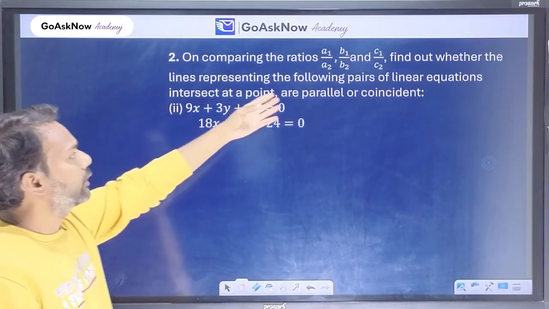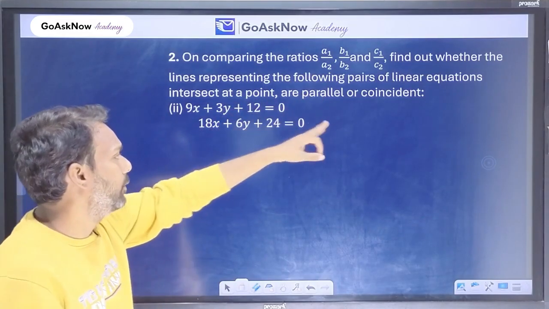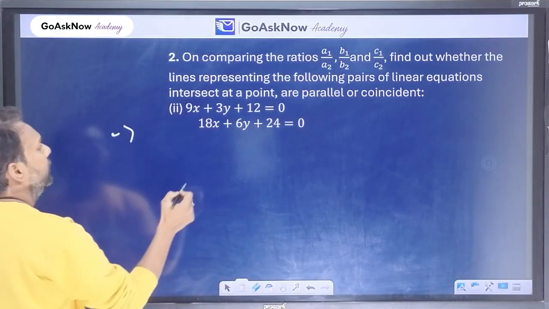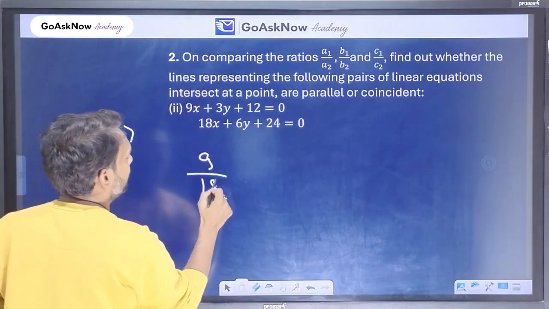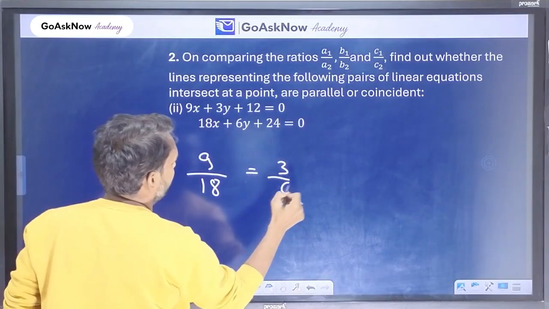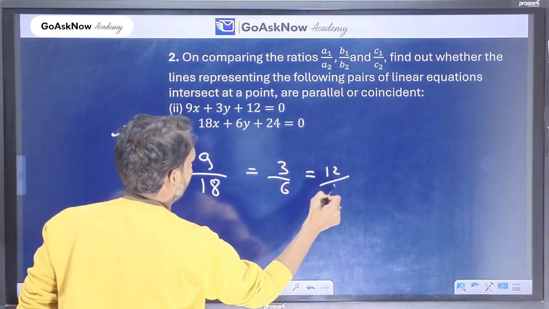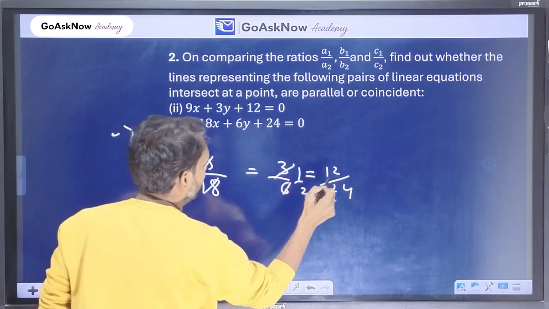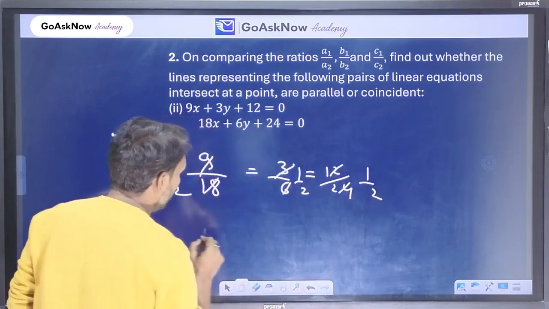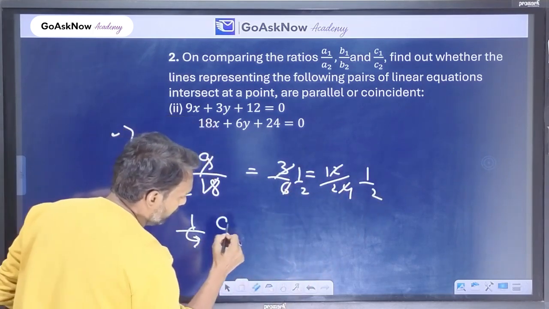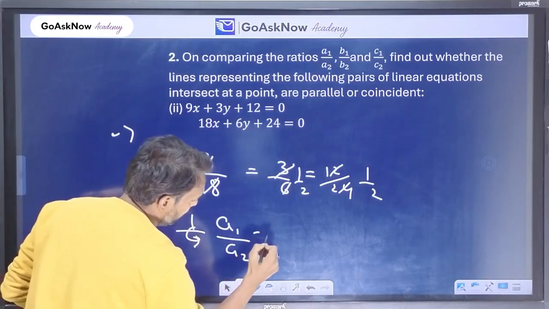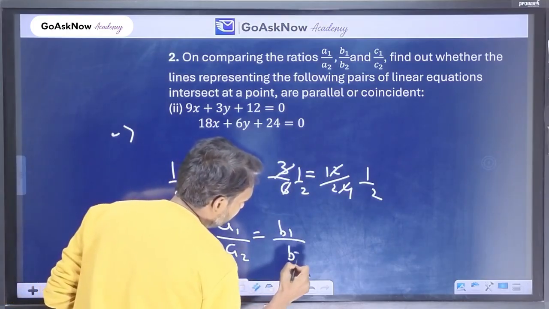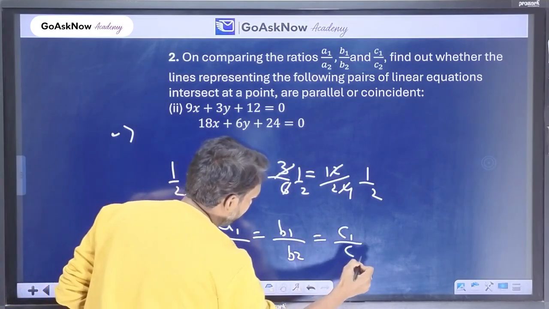On comparing the ratios a1 upon a2, b1 upon b2, c1 upon c2, we have to do the same thing. 9 upon 18, 3 upon 6, 12 upon 24. That is 1 by 2, 1 by 2, 1 by 2. It gives a1 upon a2 equal to b1 upon b2 equal to c1 upon c2.